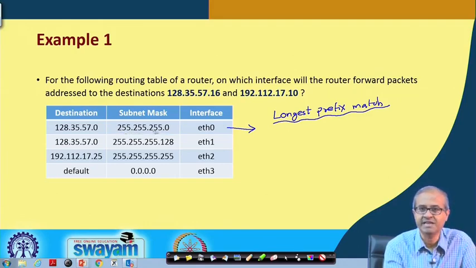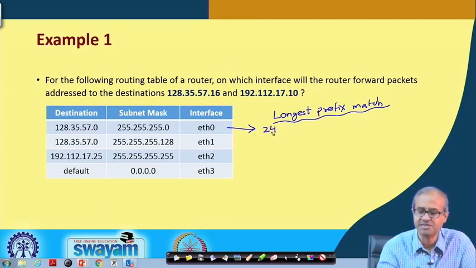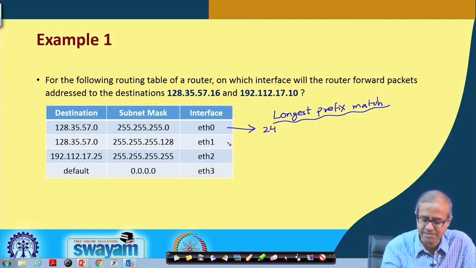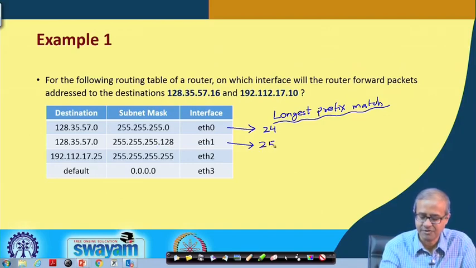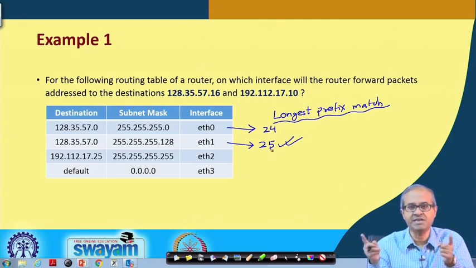The first 24 bits. So, the network part was 24 bits, but for the second subnet mask there were 24 plus in the last one there was a single one. So, it is 25. So, you will always take the highest one, the longest network number for which a match is found.